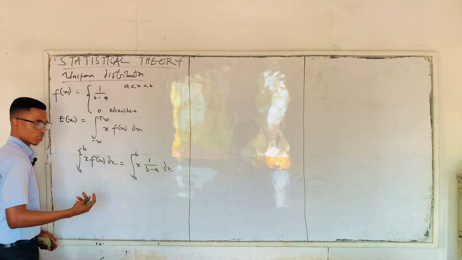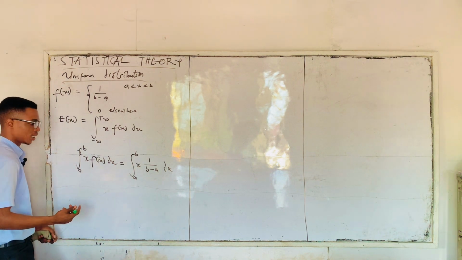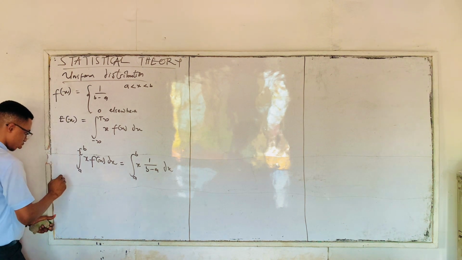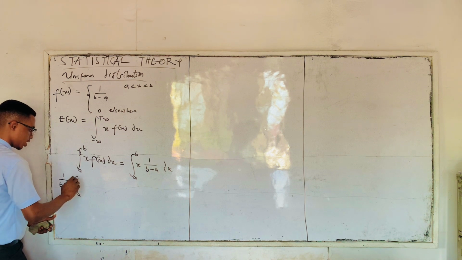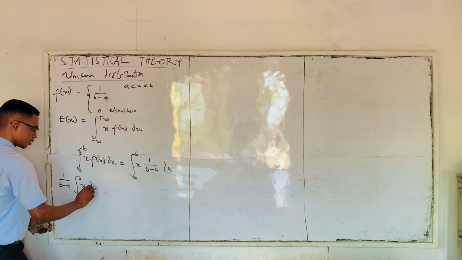So the next thing to do is to bring 1 over b minus a out of the integral sign. So we have 1 over b minus a, integral from a to b of x dx.